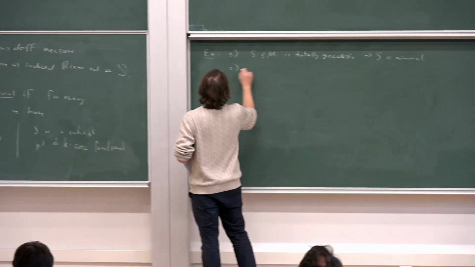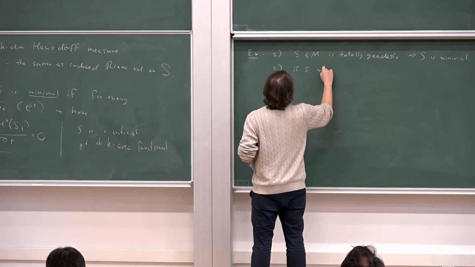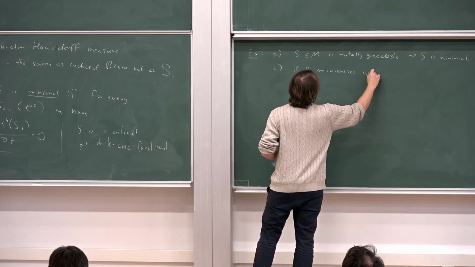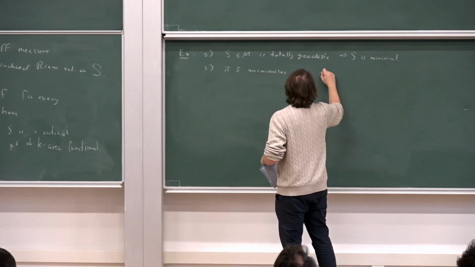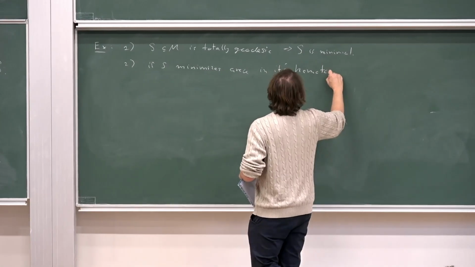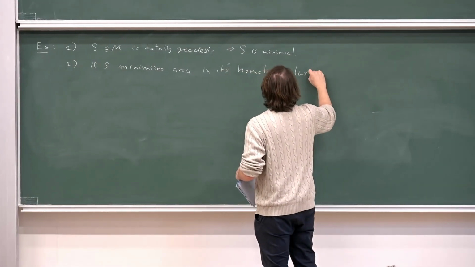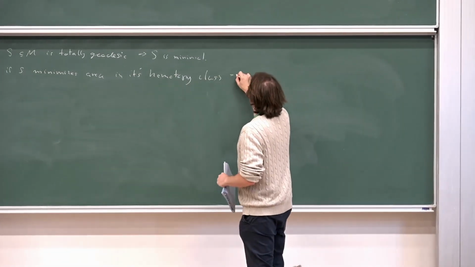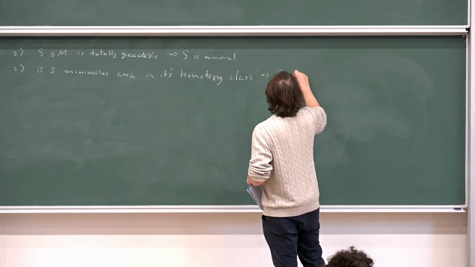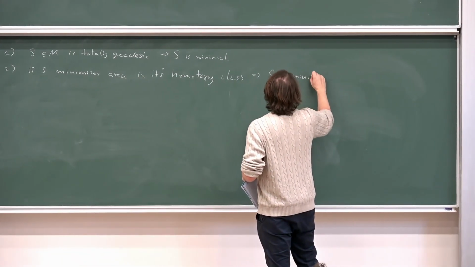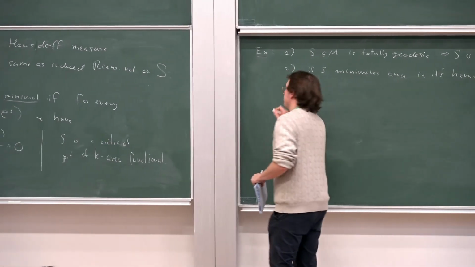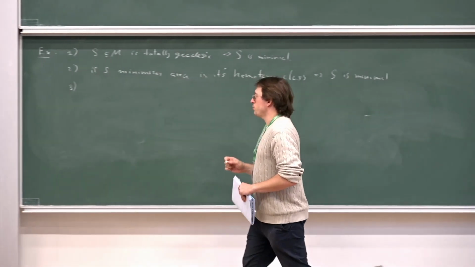Second, if S minimizes area in its homotopy class, then also we say that S is minimal. This implies that S is minimal. And the last example, it's something I'll just say informally, soap bubbles.